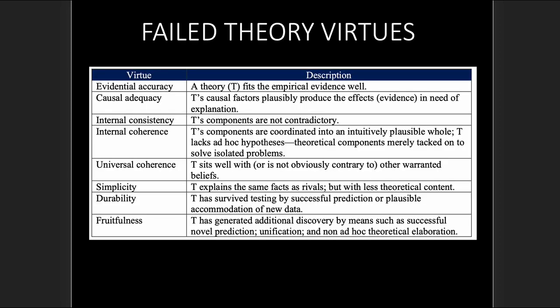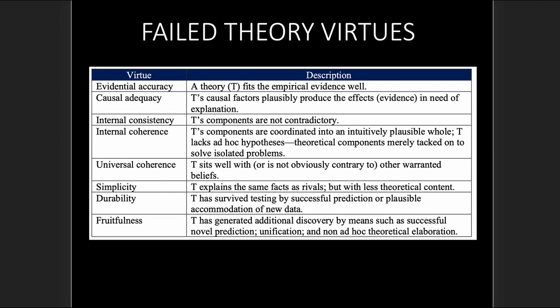So we have a prediction, we have a falsification, we have a response. It didn't work out. So what can we say about the theory virtues? Back to our table here: evidential accuracy, causal adequacy, internal consistency, internal coherence, universal coherence, simplicity, durability, and fruitfulness. Well, evidential accuracy, once again, a false prediction doesn't do you very well for evidential accuracy. Causal adequacy, no. What we're seeing is just speculations that even the evolutionists don't stand by.